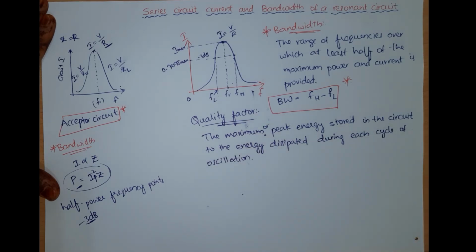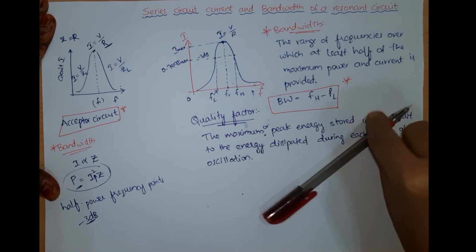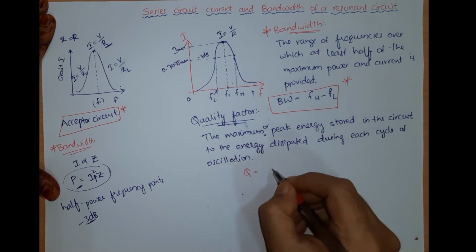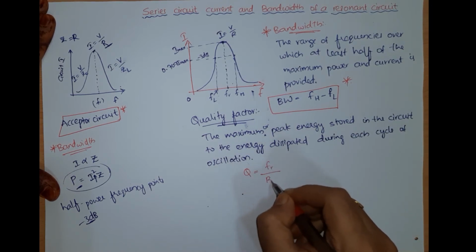This is called the quality factor. So, it is given by Q is equal to FR by bandwidth.